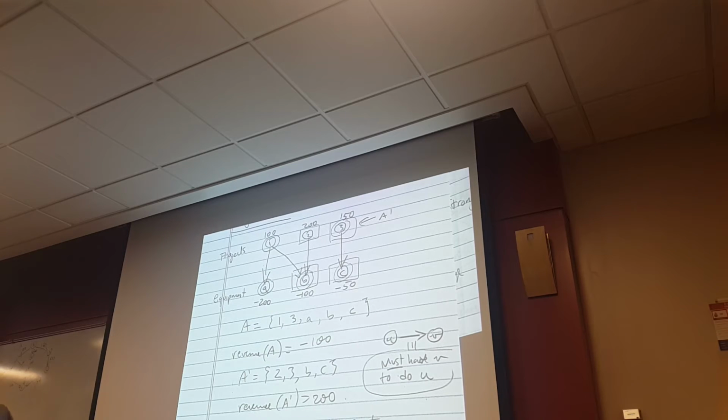Furthermore, let's look at the nodes on the A side. I will claim this, and you can think about it, but I know for sure that this is going to be a feasible set.